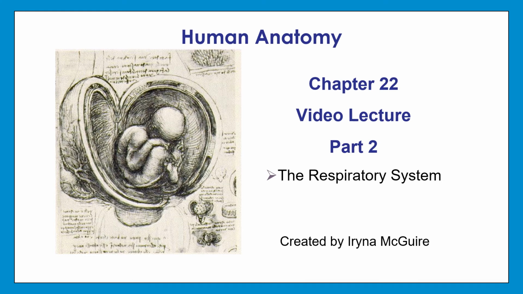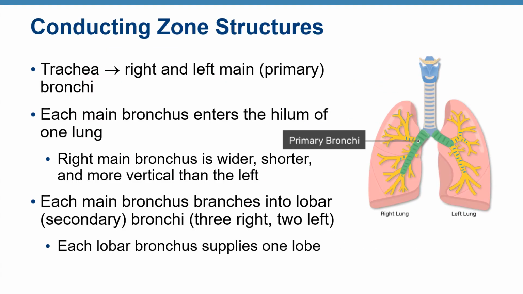Hello everybody, in this video lecture we continue covering the respiratory system, so it's chapter 22 part 2. So we continue talking about conducting zone structure. I just want to remind you that conducting zone begins with nasal cavity and then larynx and trachea.